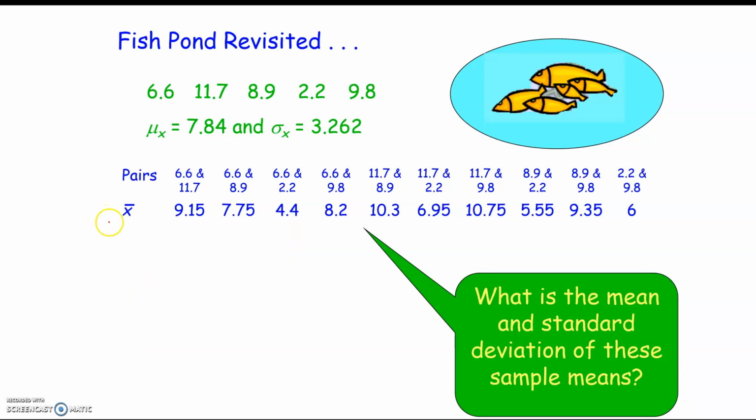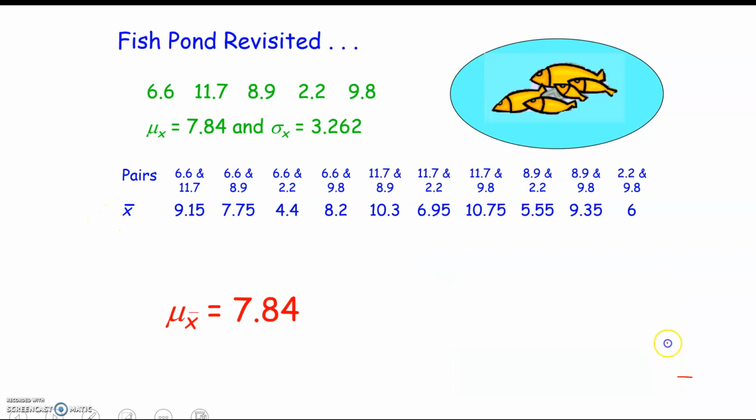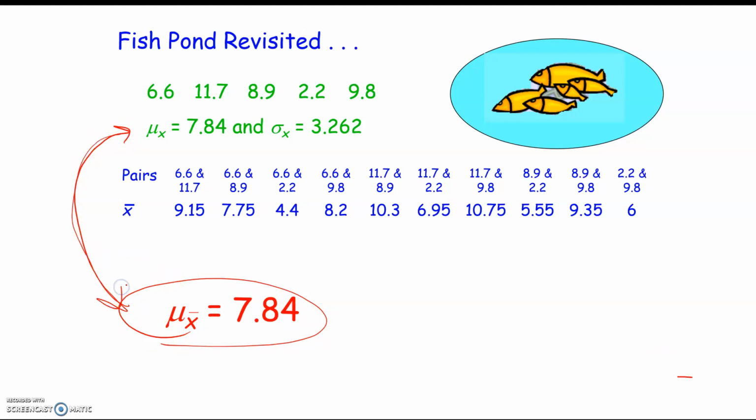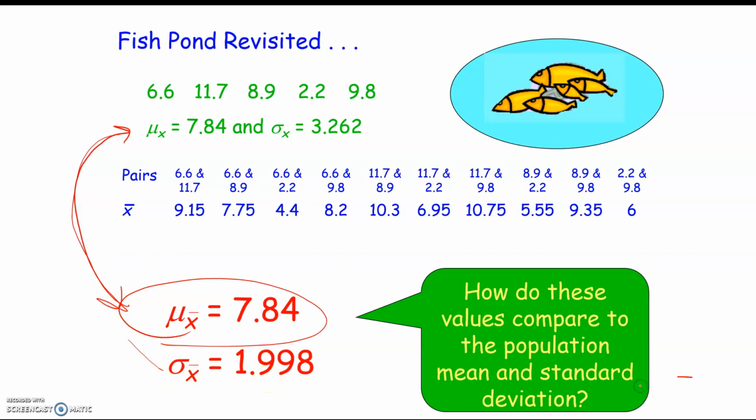And the mean of this, you'll notice, is also 7.84. So these two means, the mean of the population and the mean of all the sampling distribution means, is the same. But our standard deviation is smaller.